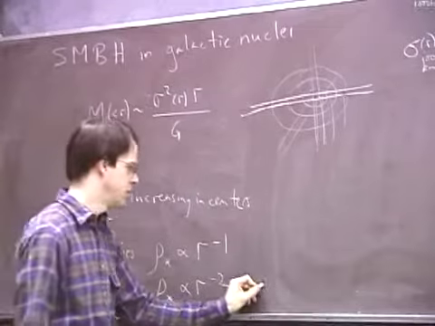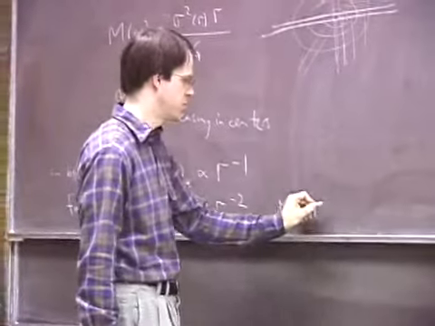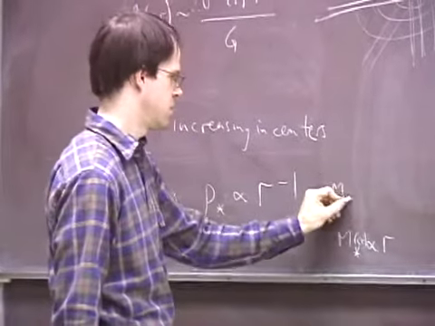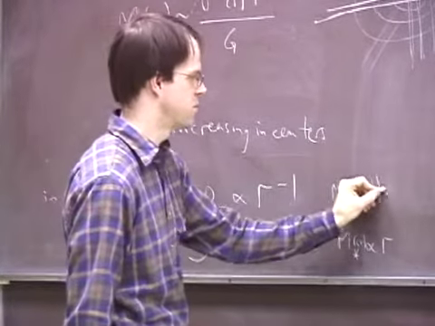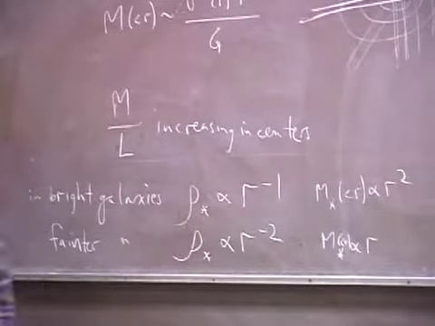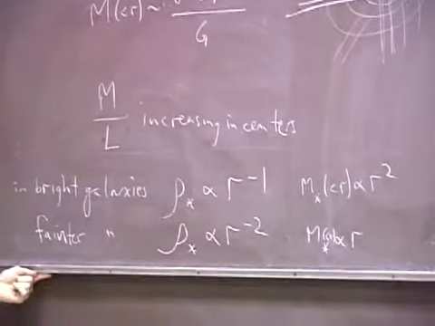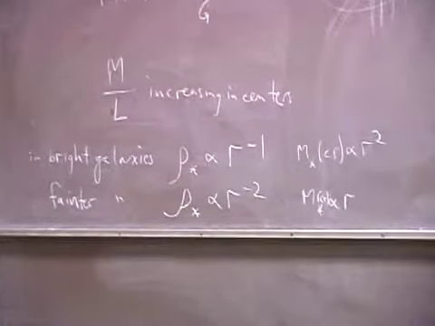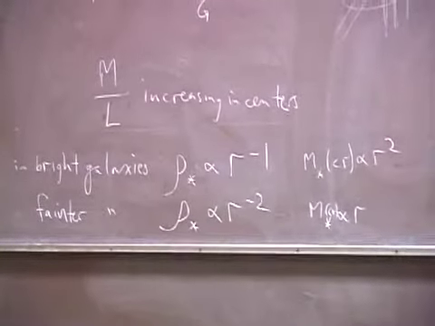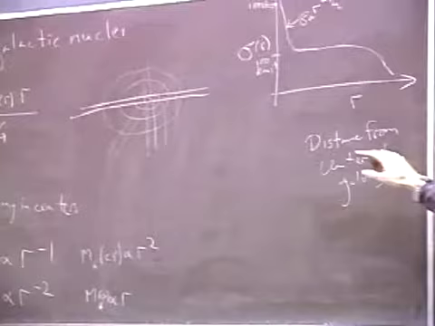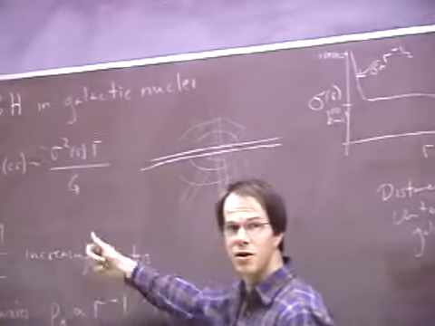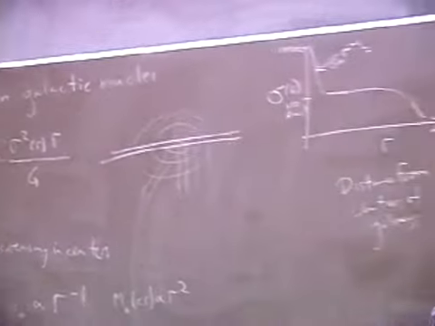So in this case, the mass in the stars is going proportional to r within r. And in this case, the mass in the stars within r is going proportional to r squared. Whereas in these cusps, the mass in the cusp is being approximately constant, so that's the origin of this statement. The mass to light ratio is increasing rapidly as you go in.